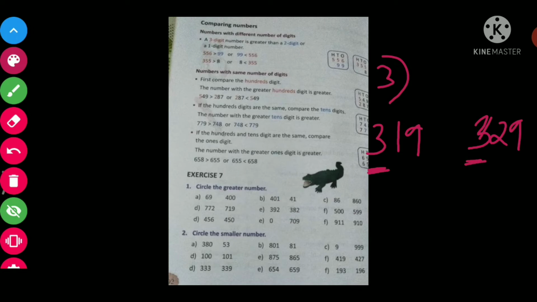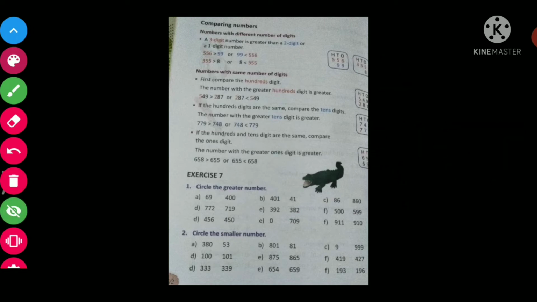Now we'll see the tens place value. In the tens place 1 is there and here 2 is there. Now which one is the greater one, 1 or 2? 2 is the greater one, right? So our greater number is 329. This is the third rule.